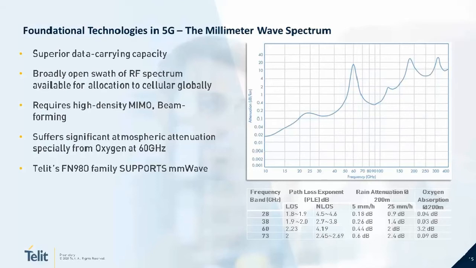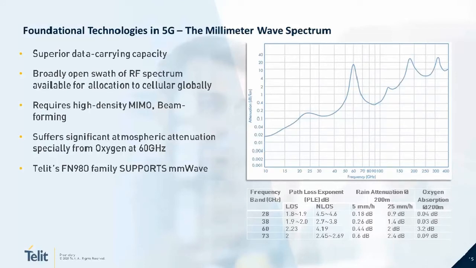So these bands have very high carrying capacity in terms of bandwidth, but their one problem is that they do suffer attenuation if it's raining or if there's moisture. So the loss of the signal is much greater when there's high frequency involved, and especially around 60 gigahertz, you can see a peak.